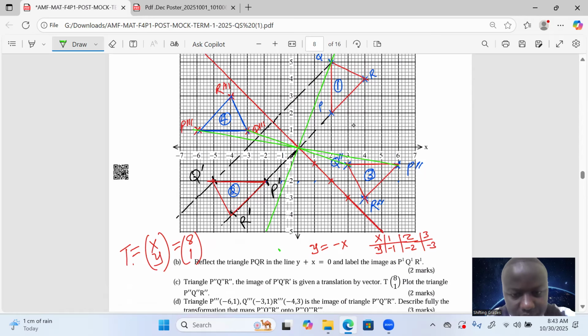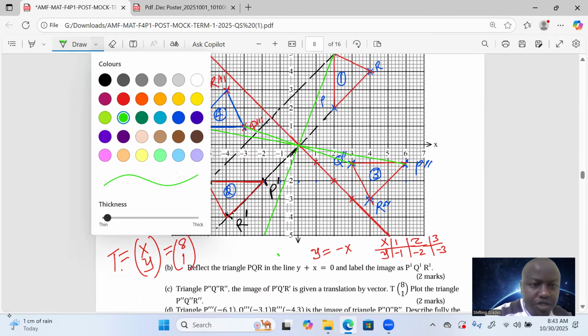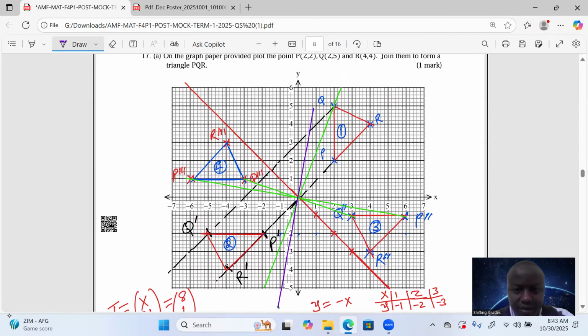you're dealing with something else. Let me check this second line. Let me use a different color here. I've also bisected.